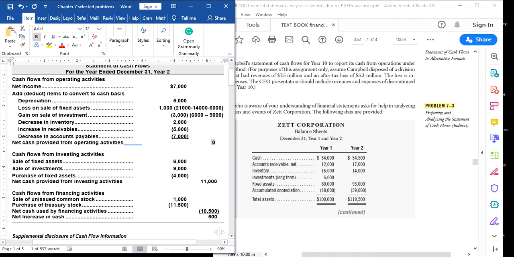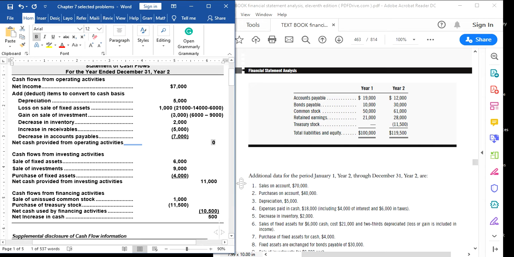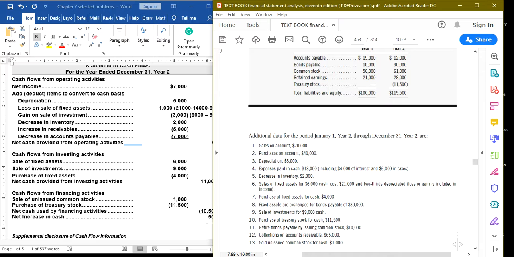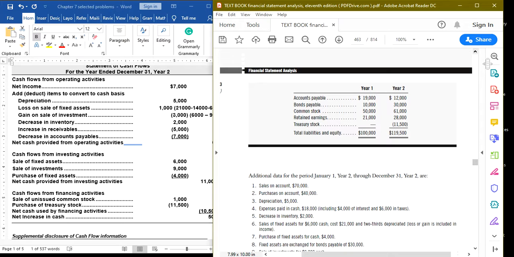So let's move to cash flows from investing activities. Sales of fixed assets, $6,000. I believe that is given as it is. Sales of fixed assets. Where? Okay, let me find this.